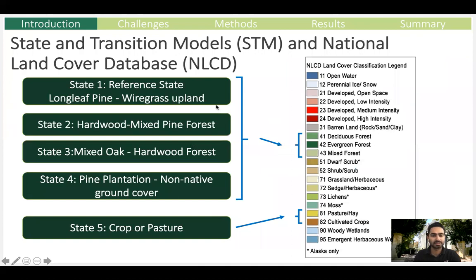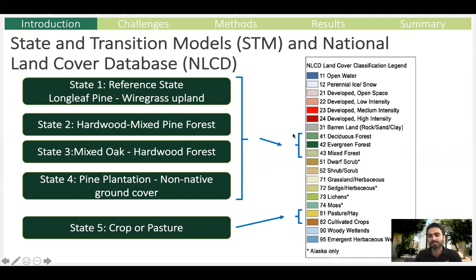So this is how a spatial state and transition model records its states. As I said, it's just a theoretical model and it's not spatially defined. That's why we can use the National Land Cover Database to define it spatially.